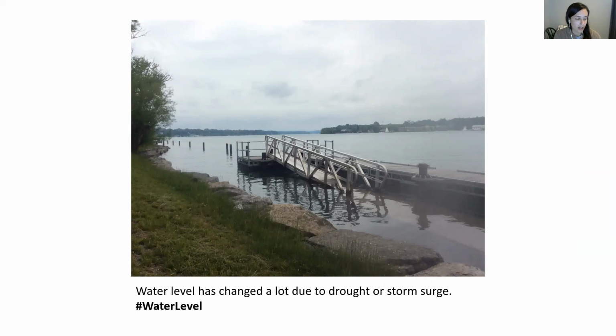Documenting changing water levels during summer droughts or even storm surges is very important as we consider climate resiliency of our shorelines and planning for changing conditions. Understanding where these changes are happening and how big the water level changes are will help inform our waterway revitalization work.